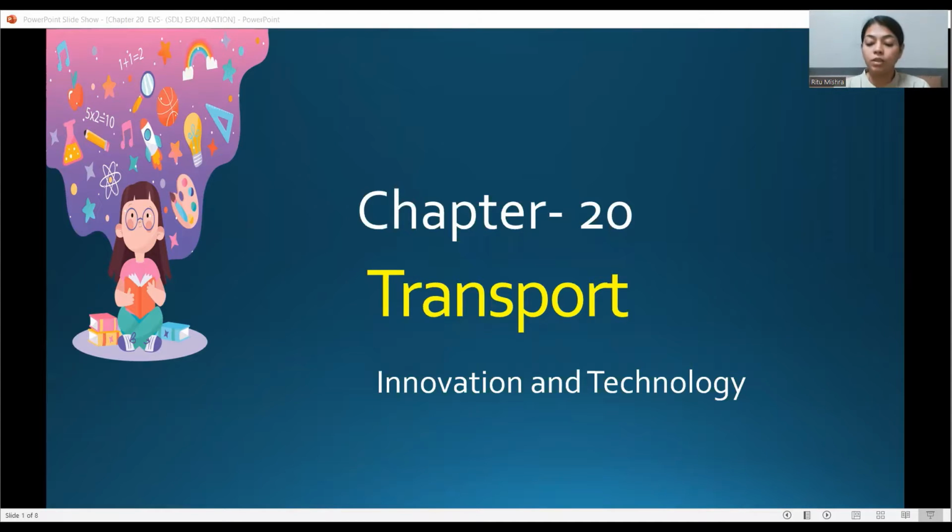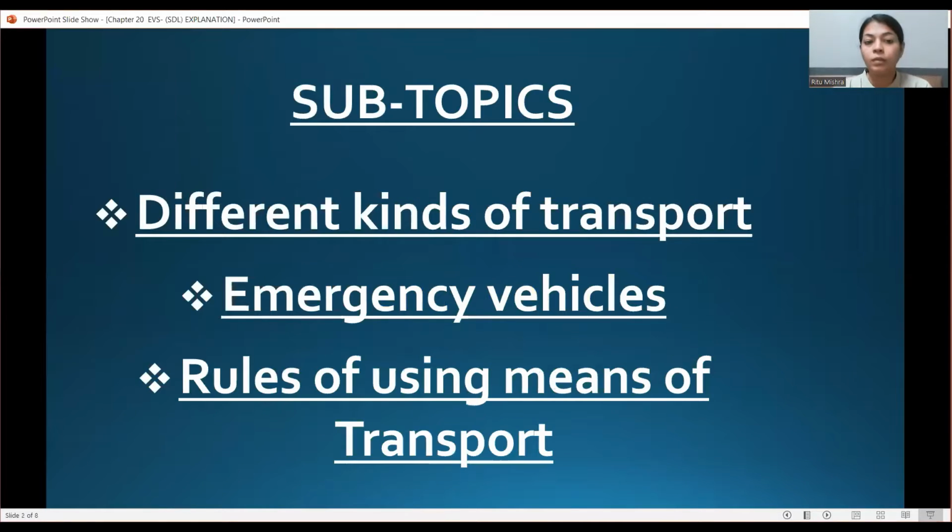Let's start with this chapter. The subtopics that you will be learning in this chapter are different kinds of transport. What are the different means of transport? You will be learning about emergency vehicles, also the rules of using means of transport.